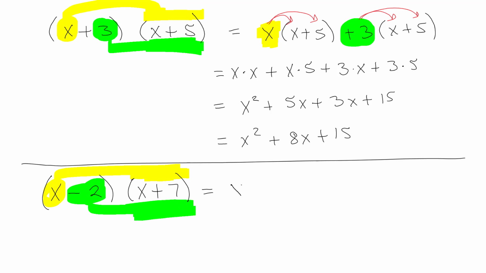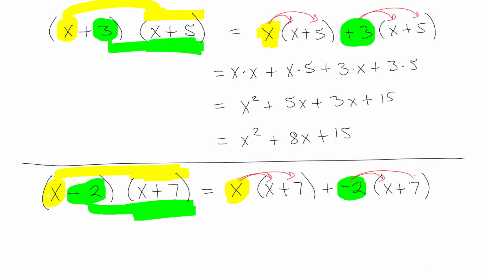So I'm going to write x times the whole shebang, and then if you want to write plus and negative 2, go for it, times the whole shebang. So again, there's my x multiplied by everything, and there's my negative 2 multiplied by everything. Now that x gets distributed to each individual element, and the negative 2 gets distributed to each individual element.